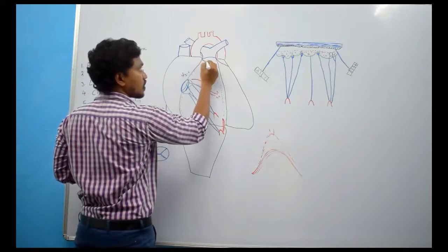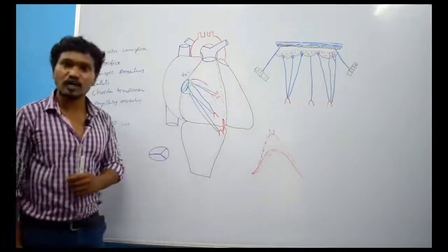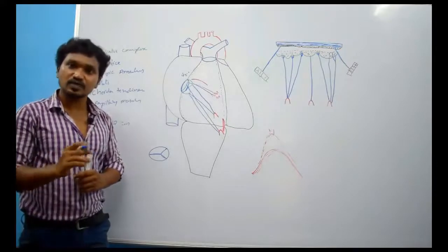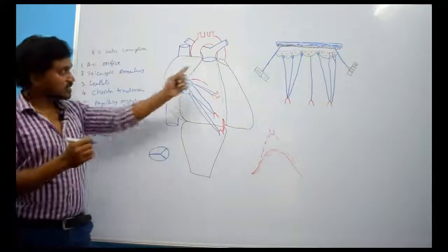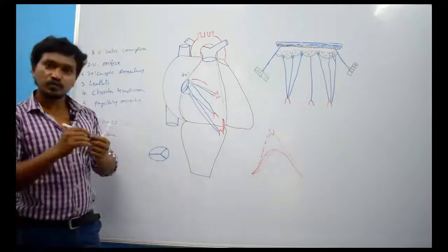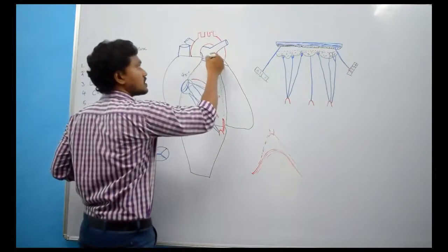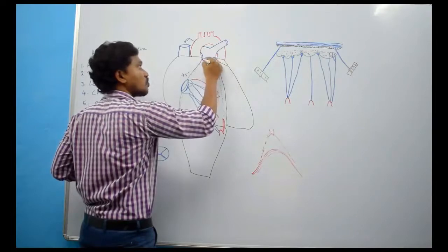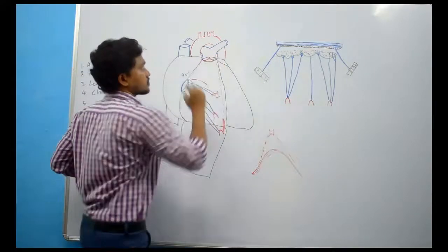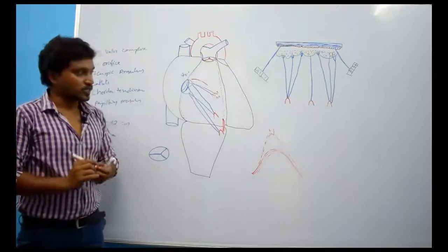This wall we call the semilunar wall, because it contains semilunar cusps. In the case of the pulmonary trunk, we can observe 3 cusps. What are these? 2 anterior cusps and 1 posterior cusp.